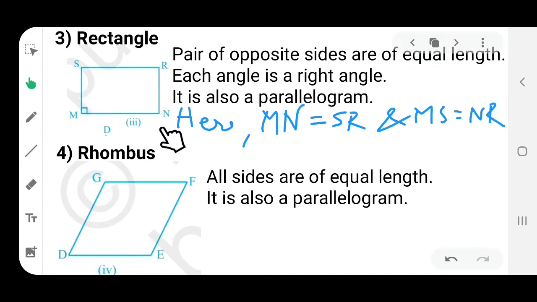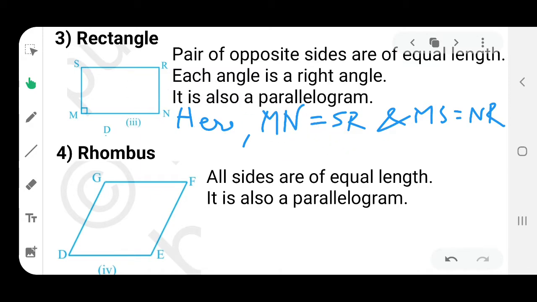Similarly, MS and NR are also parallel to each other. So this is also a parallelogram only. But if in a parallelogram all four angles are 90 degrees and pairs of opposite sides are also equal in length, then we call it a rectangle.